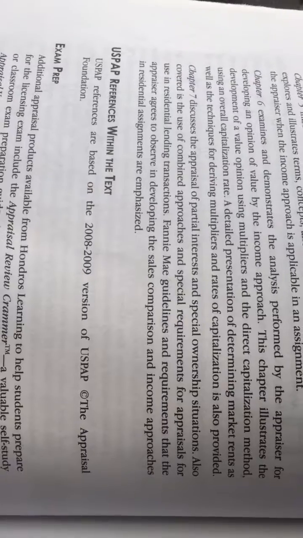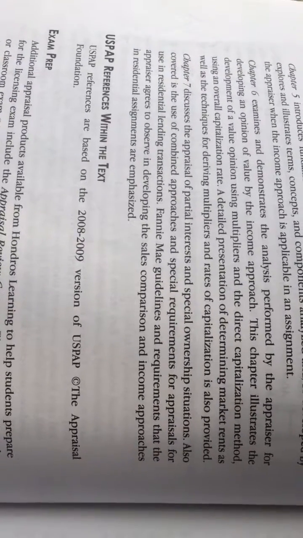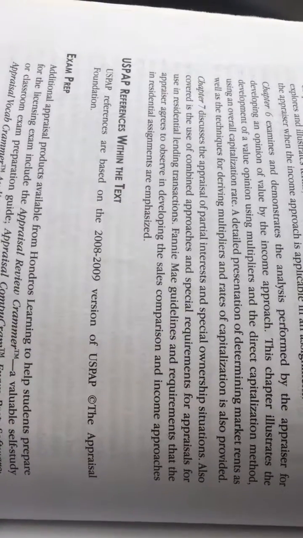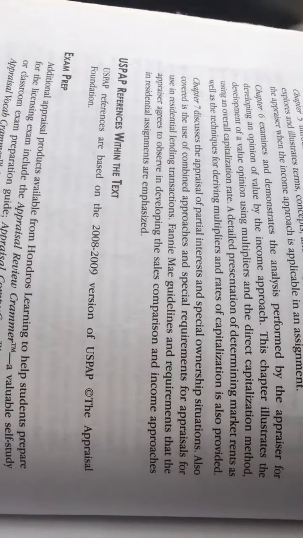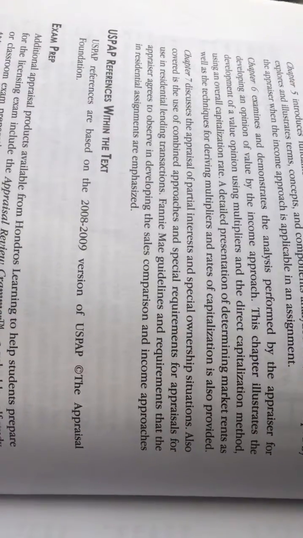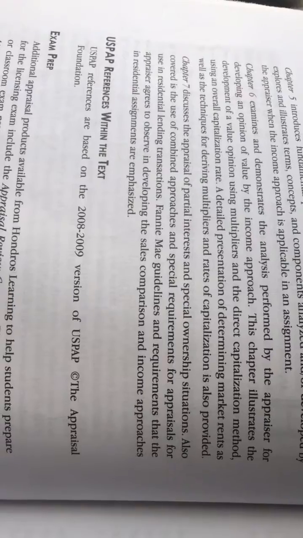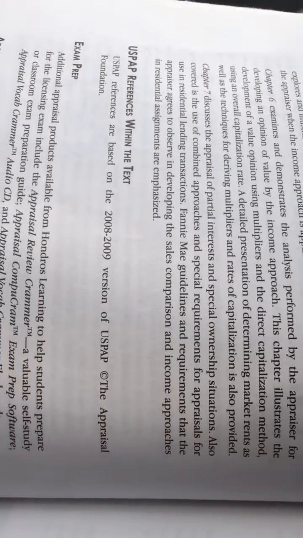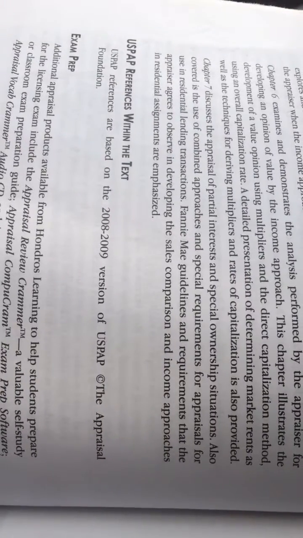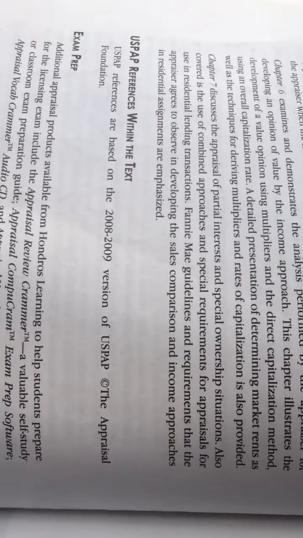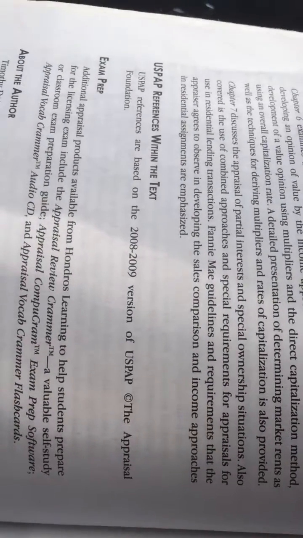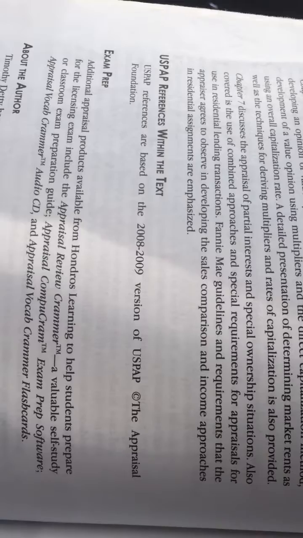Chapter 7 discusses the appraisal of partial interests and special ownership situations. Also covered is the use of combined approaches and special requirements for appraisals for use in residential lending transactions. Fannie Mae guidelines and requirements that the appraiser agrees to observe in developing the sales comparison and income approaches in residential assignments are emphasized.